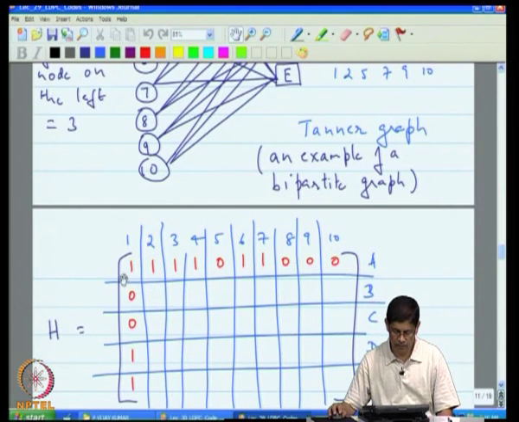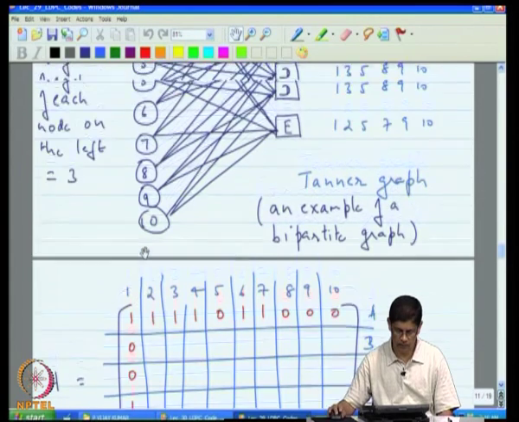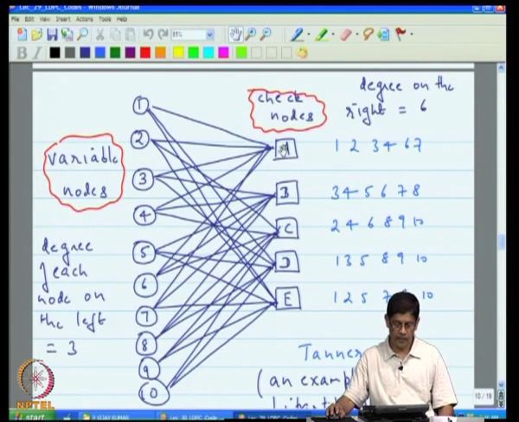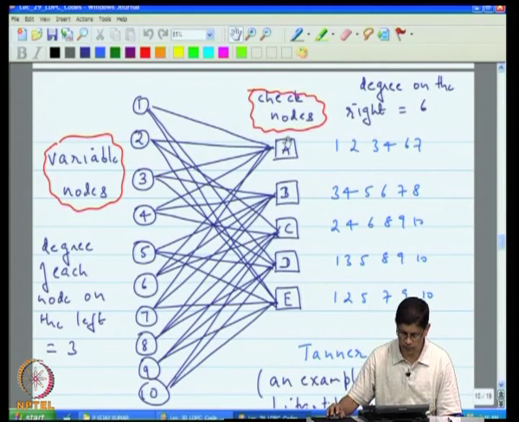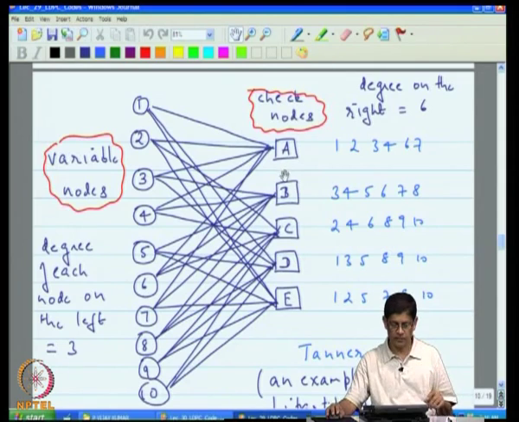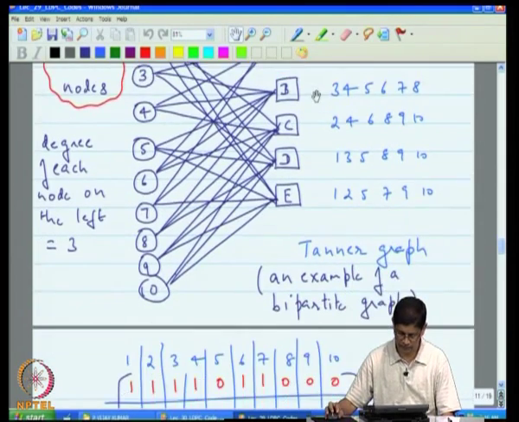For example, you have a 1 in the 8th row and the second column if there is a link connecting these. So you can visualize all these edges as identifying the code symbols which need to sum to 0 under this parity check represented by A. This graph is bipartite, it is called the tana graph.